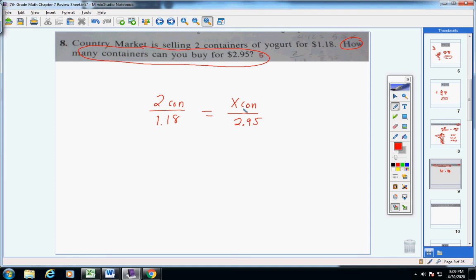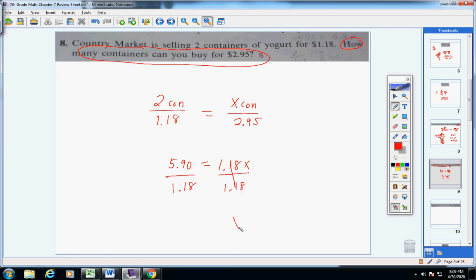Okay? Now, let's cross multiply. 2 times 295. That should give you what? 590, I believe? Yes, 590. So 5.90. $1.18 times x is $1.18x. And now, just solve for x.